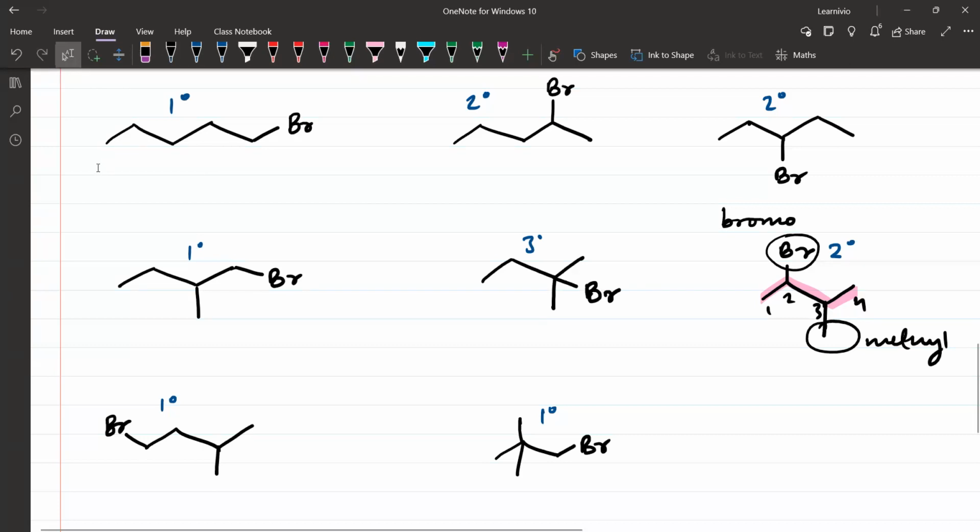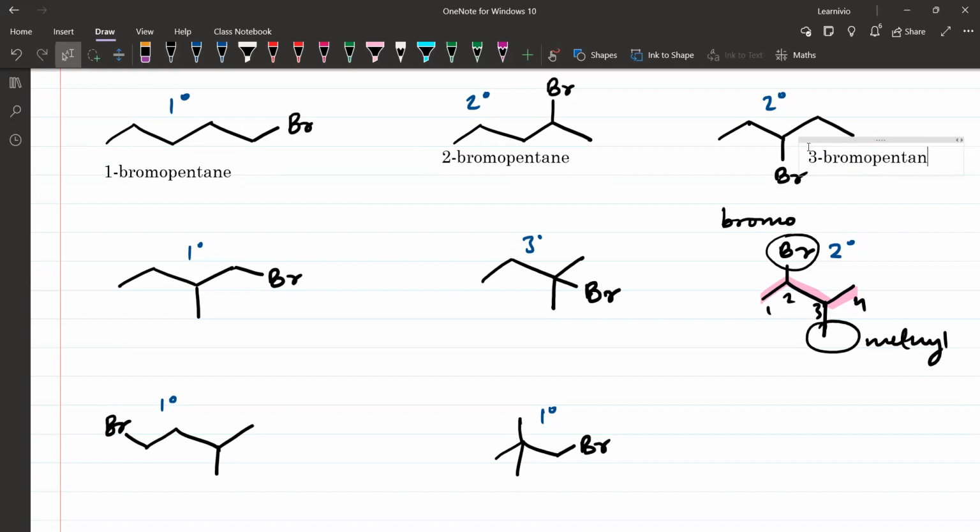First one will be 1 bromopentane, this will be 2 bromopentane, and this one will be 3 bromopentane. Now, for this one, the numbering will be 1, 2, 3, 4.